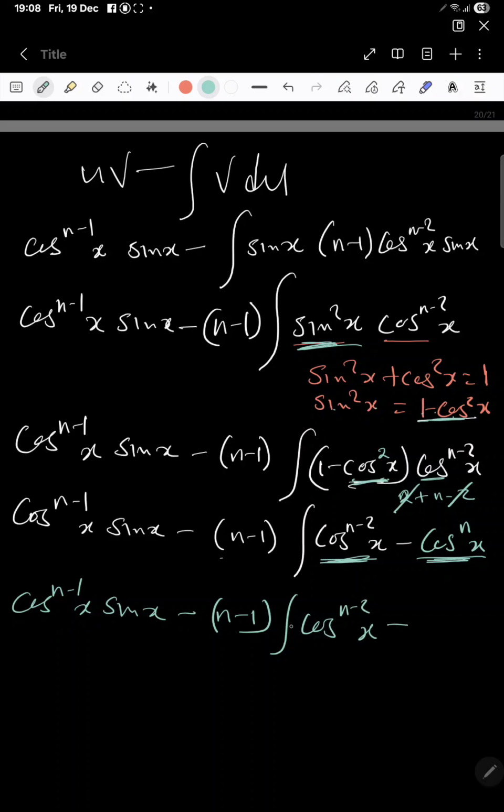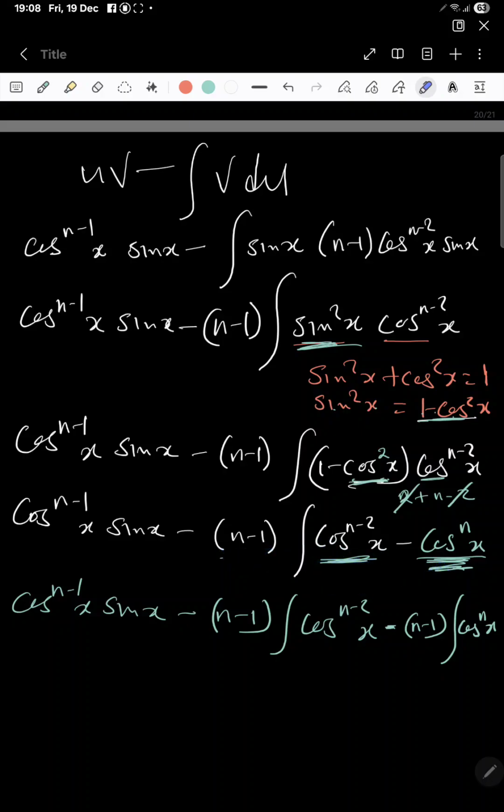Then you also distribute n minus 1 times this, but don't forget the integral. So we say minus, we also multiply this times that, we're going to have n minus 1 and then integral of cos to the power n x. Okay, so I've distributed this to this, also this to that.